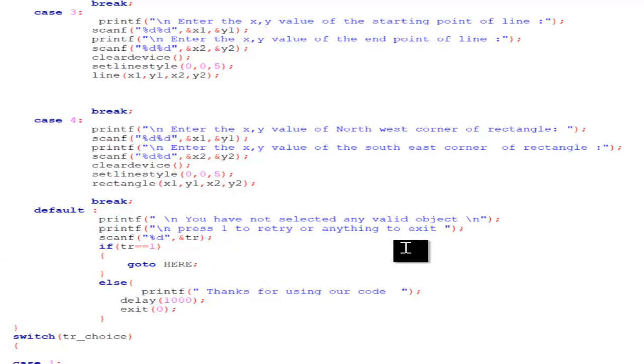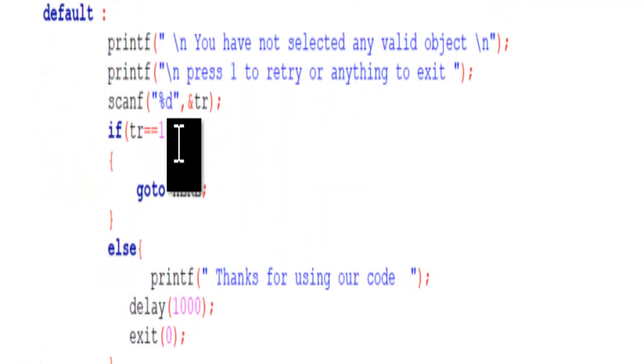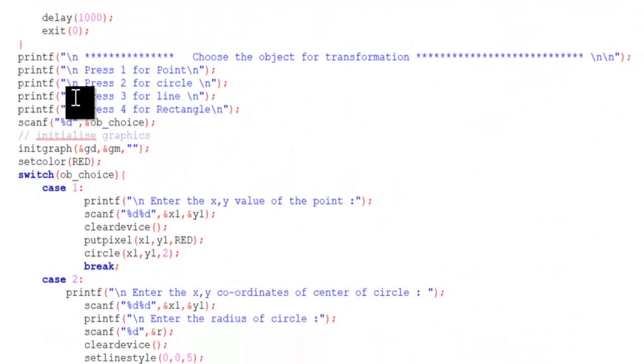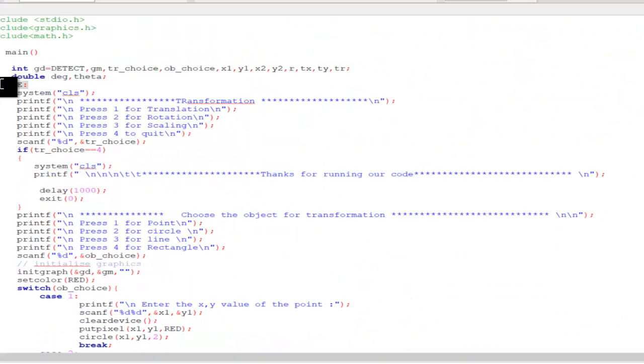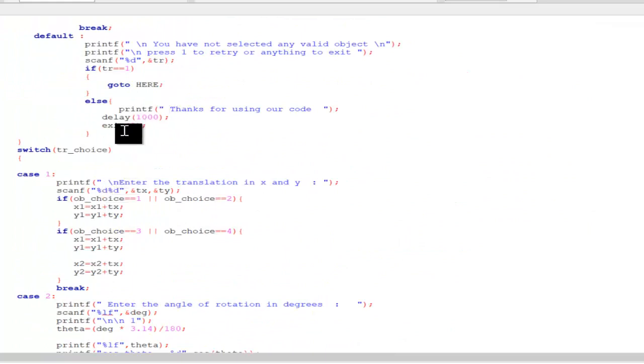In the default case, that means you have not selected the proper object, so you ask the user whether they want to try again or not. If yes, then you go back to here, exactly here, and do it again. Otherwise, if the user says no, I don't want to, that means you don't want to do it again, so then exit.